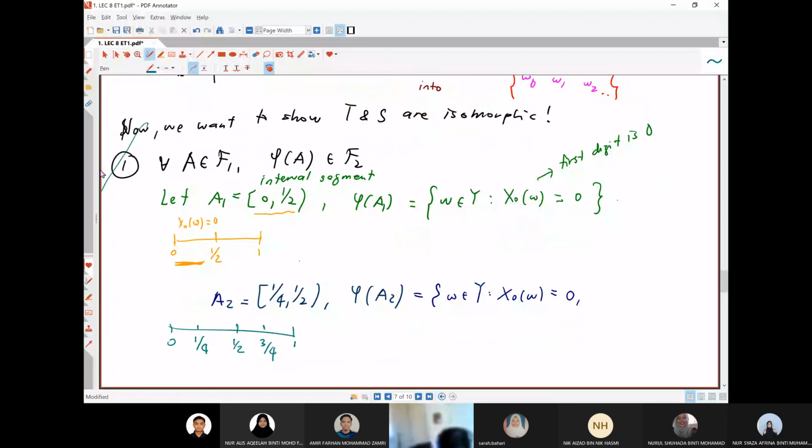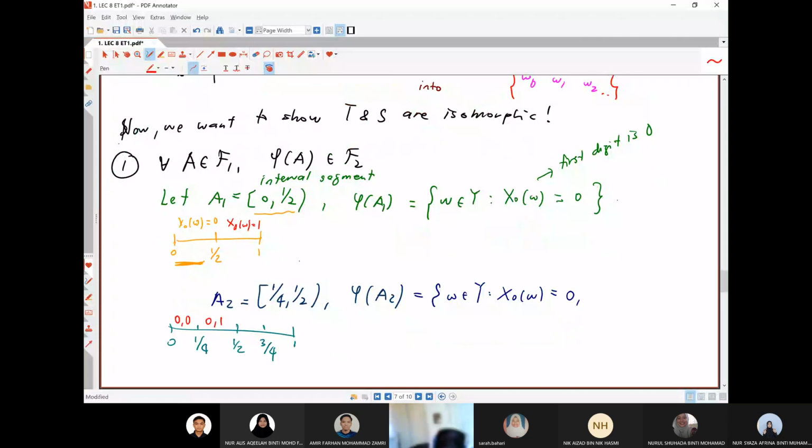Apa maksud dia kat sini? Maksud dia, the first digit 0, the second digit 0. For this part, the first digit is 0, the second digit is 1.